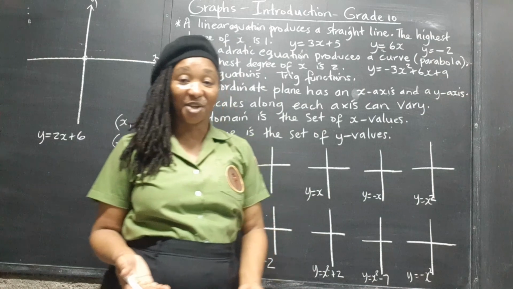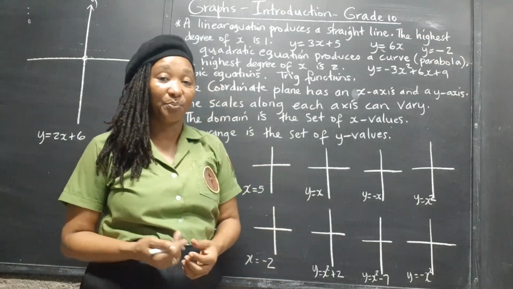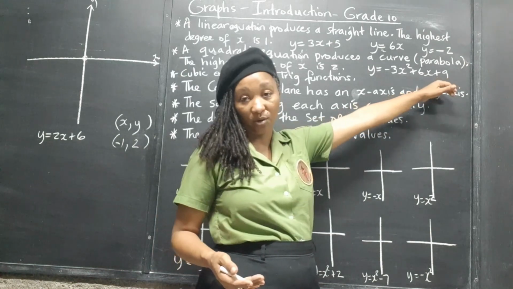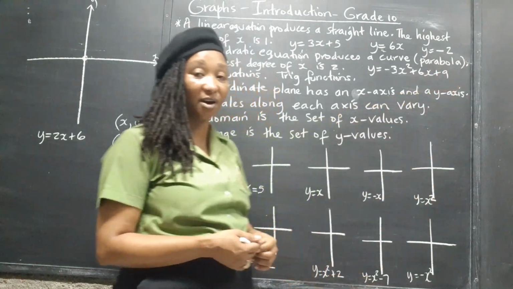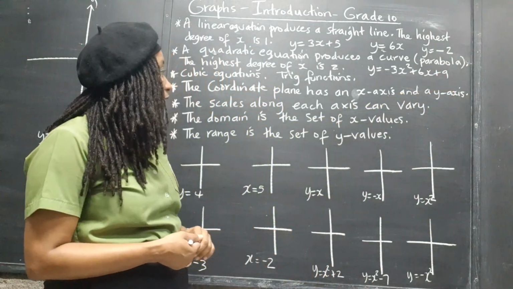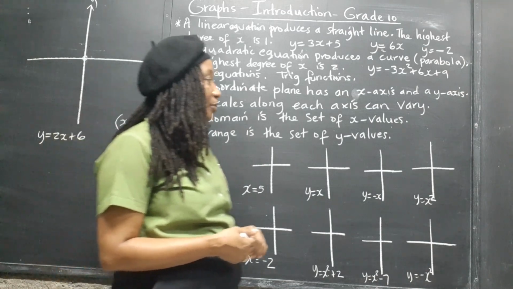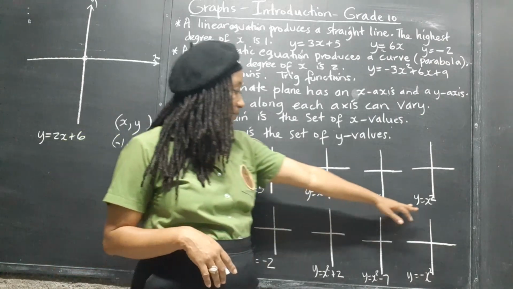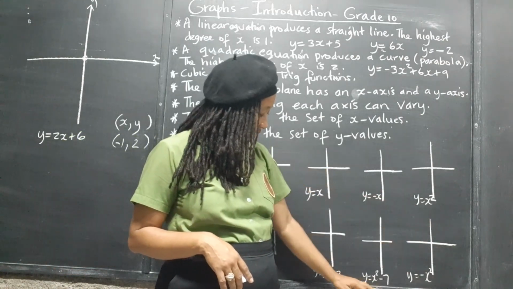The constant term represents x to the power of 0, which is 1 times the coefficient. So we have a constant term. So the quadratic equation will produce a curve called a parabola, and we'll see that a little later, right?